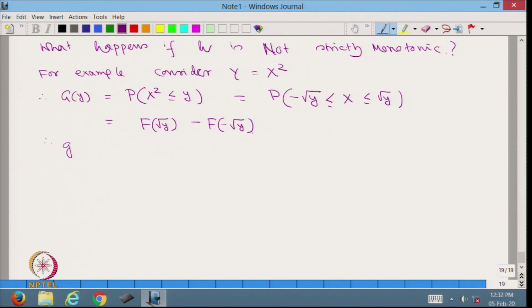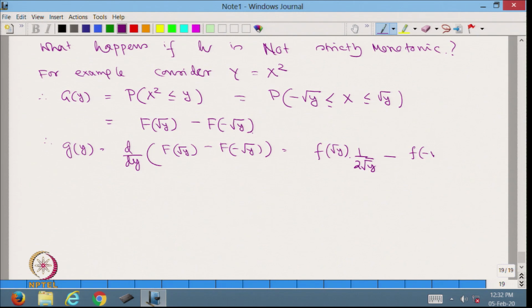Therefore, g of y is equal to d/dy of F of root y minus F of minus root y, is equal to f at root y multiplied by 1 upon 2 root y, minus f at minus root y into d(minus root y)/dy, is equal to f of root y into 1 upon 2 root y.